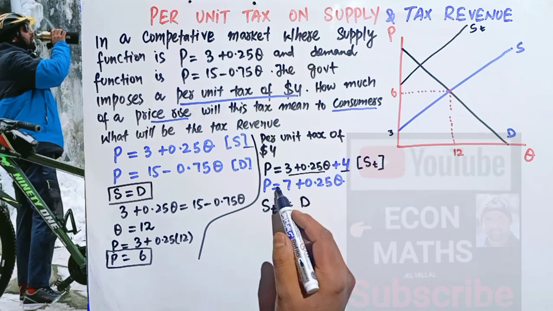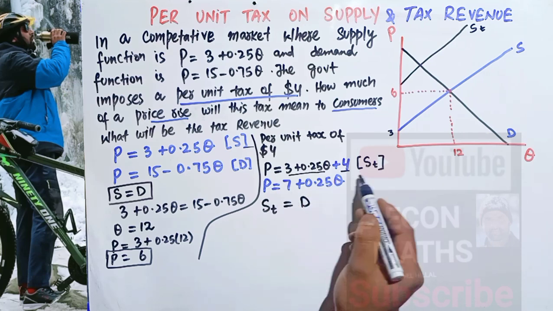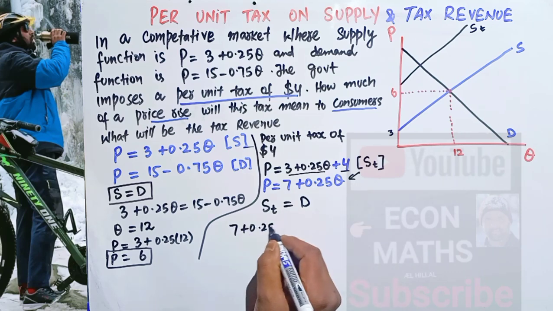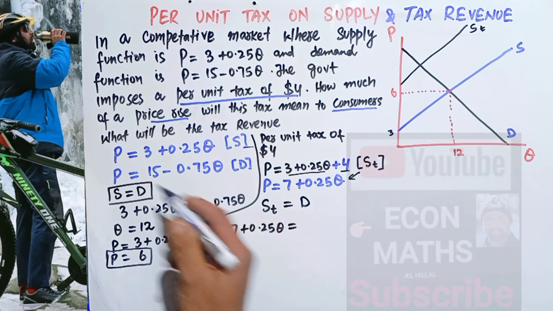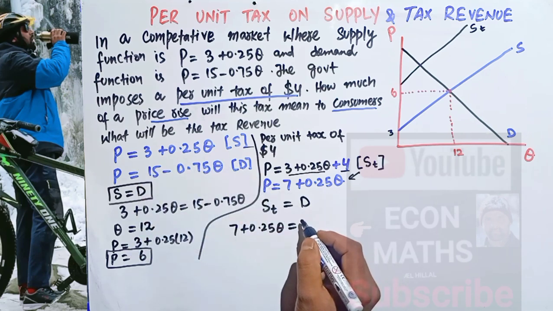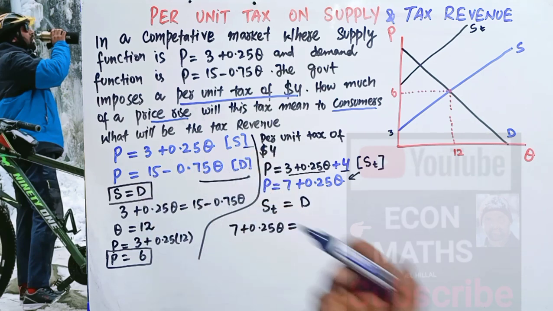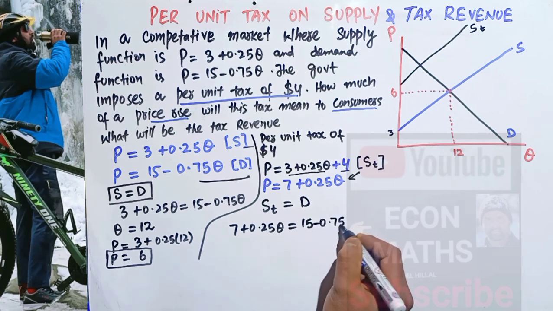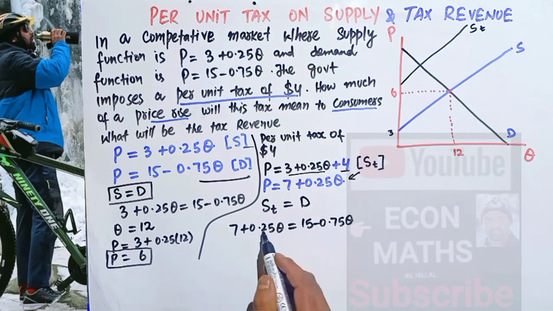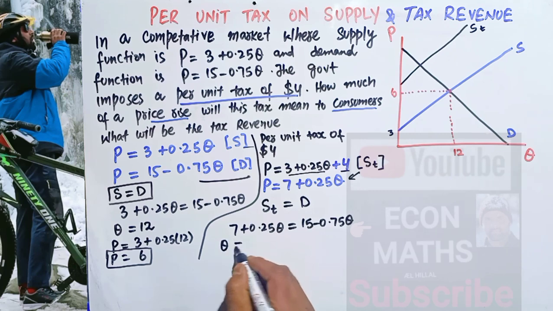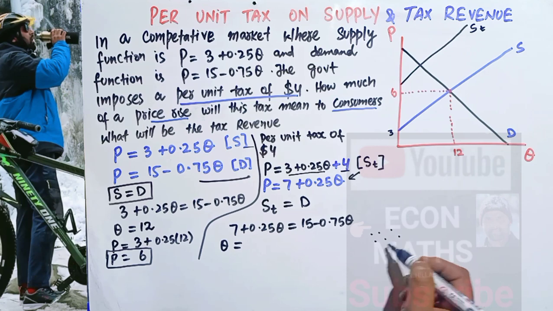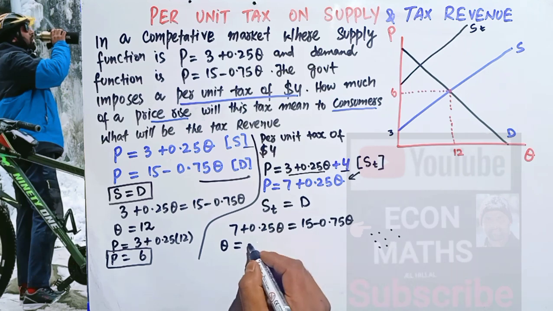So the new supply function is 7 plus 0.25q, and we equate it with the demand function, 15 minus 0.75q. Again, 0.75 plus 0.25 is q, 15 minus 7 comes out to be 8. So q will be equal to 8.